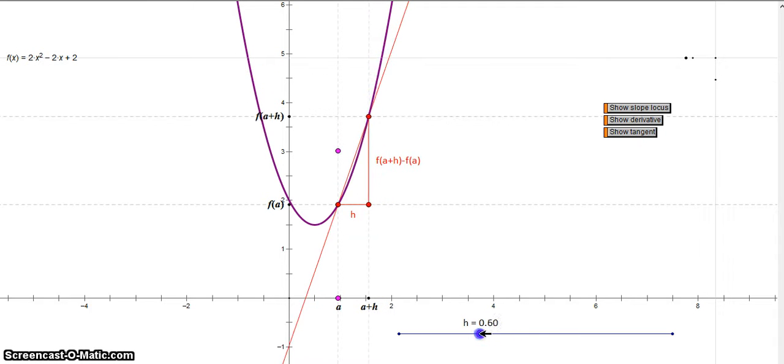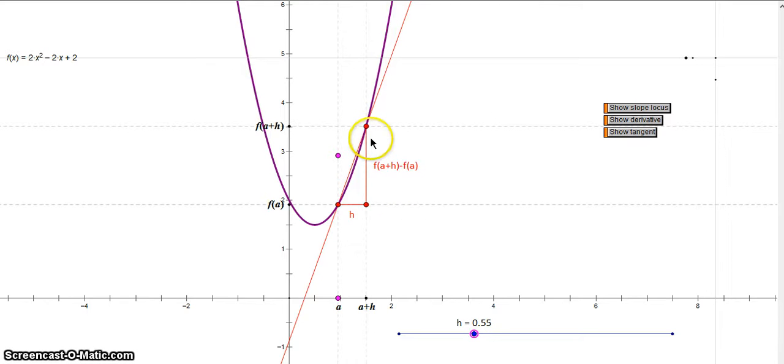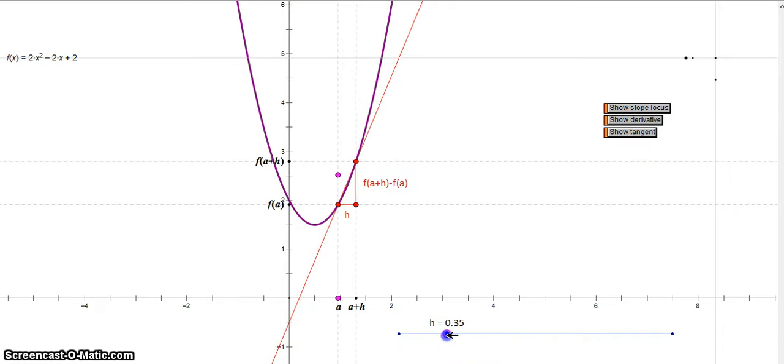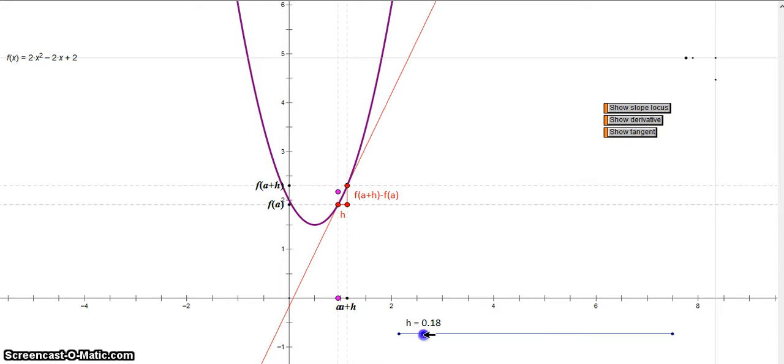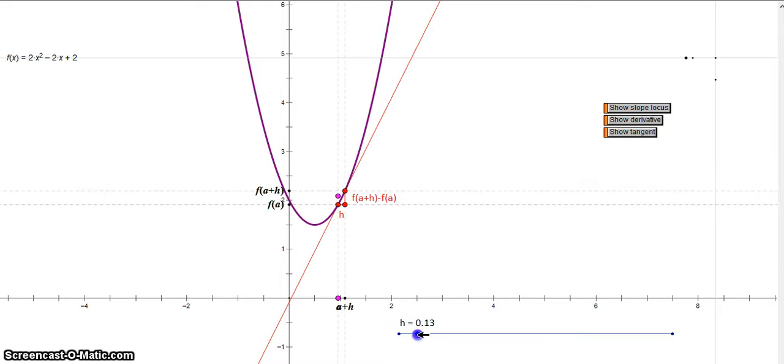Okay, you could still see it's still a slope, still a change in y, change in x. So you still get that same rise over run, delta y over delta x. And you keep getting closer and closer. It's still two different points, still an average, but two real close values right there.